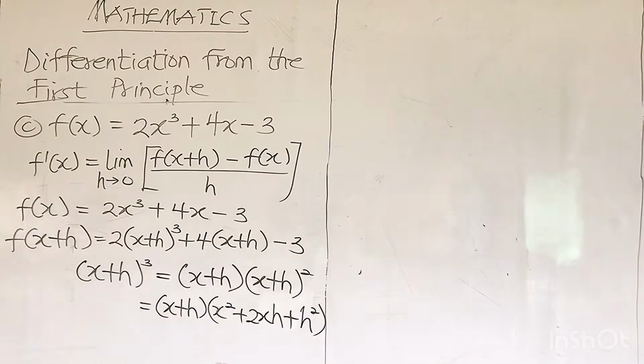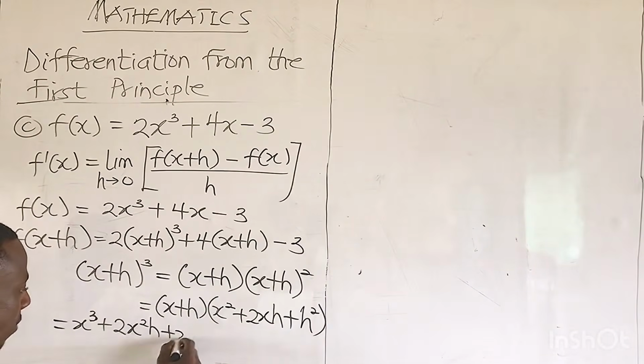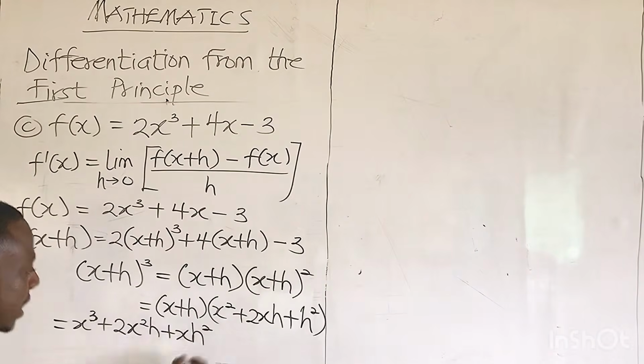After getting it, then you expand this whole bracket. So in expanding, x times x squared, let me bring it here, I still have x cubed. Then x times 2xh, I have 2x squared h. x times h squared, I have xh squared.